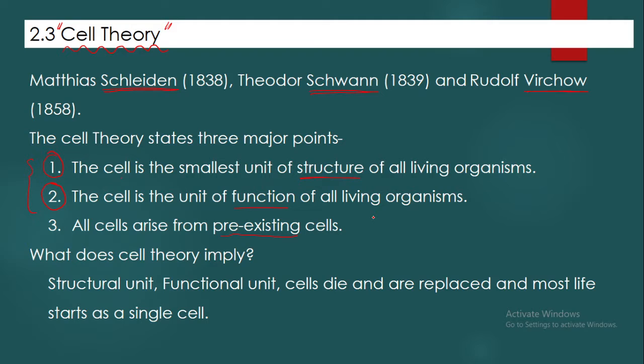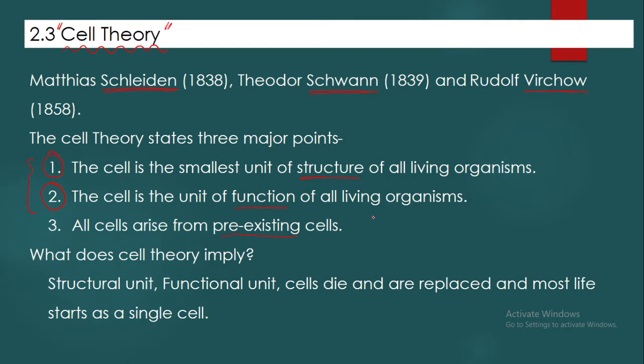The cells arise from pre-existing cells. So suppose you are looking at a water sample under a microscope, some kind of pond water. Then you saw that there are some cells. You are thinking this is a new type of cell which no one has seen earlier, some strange looking cell with two horns maybe.